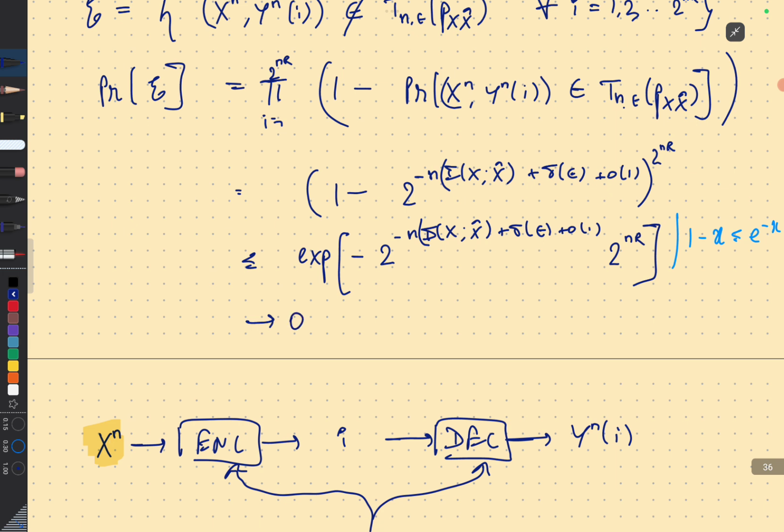And this quantity goes to 0 super exponentially fast if r is greater than the mutual information between x and x hat plus this delta of epsilon.